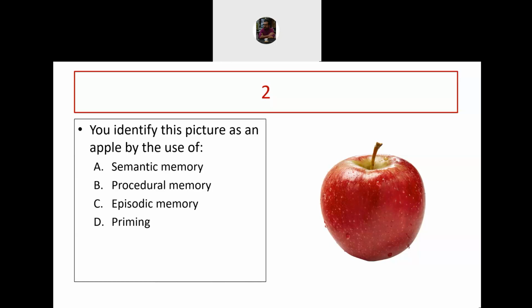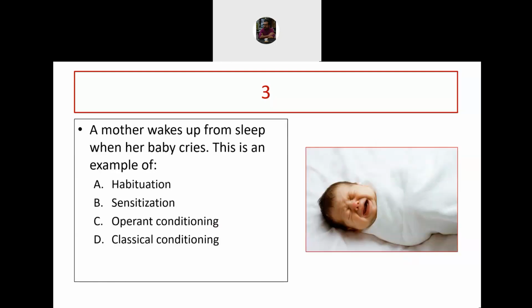Since this is just a fact, name of something, this is a semantic memory. When a mother wakes up from sleep with her baby crying, what is that an example of? Wonderful. This is an example of sensitization.